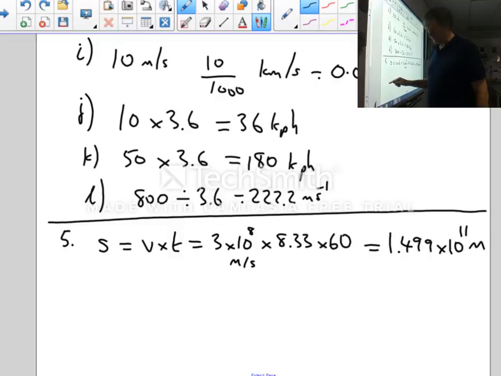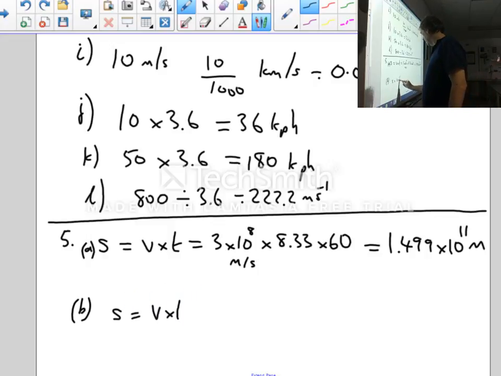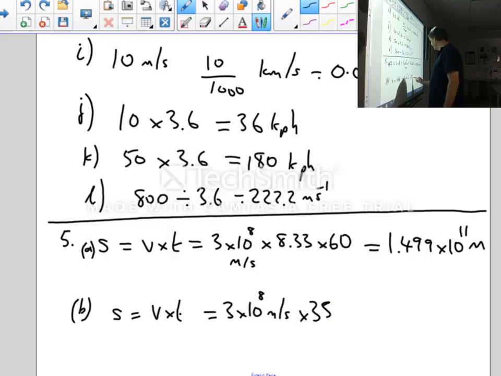And the last question there, given that a light year is the distance travelled by light in a year, compute this distance in kilometres. So a light year is the distance travelled by light in 1 year. We know that light's travelling at 3 by 10 to the 8 metres per second. And 1 year would be 365 days, or 365 and a quarter days to be exact, 0.25.